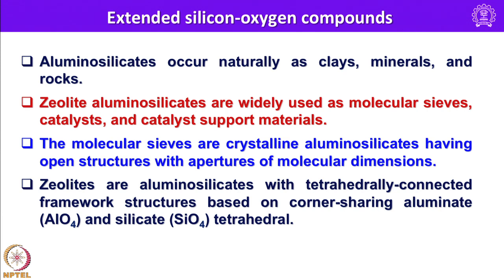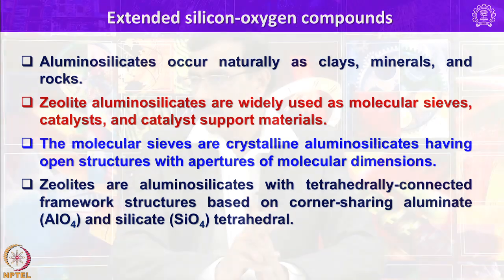And zeolites are aluminosilicates with tetrahedrally connected framework structures and based on corner sharing aluminate AlO4 and silicate SiO4 tetrahedra. Zeolite can also be considered as pure silica framework with 1 or 2 silicon atoms substituted by aluminum.